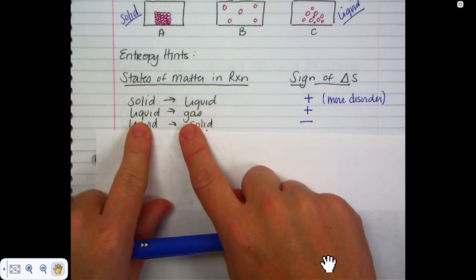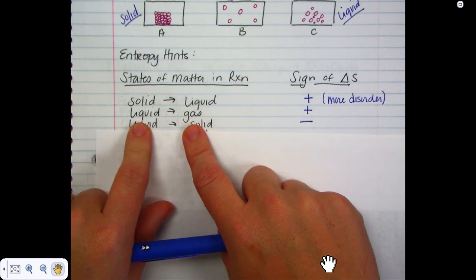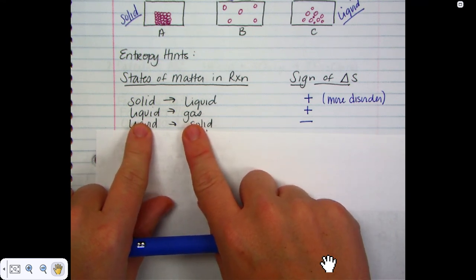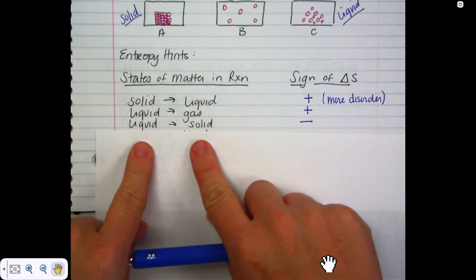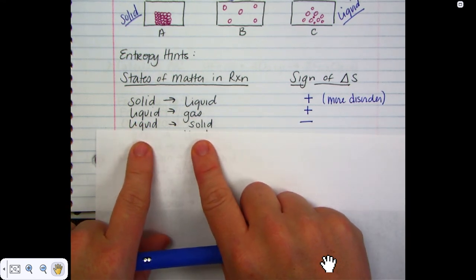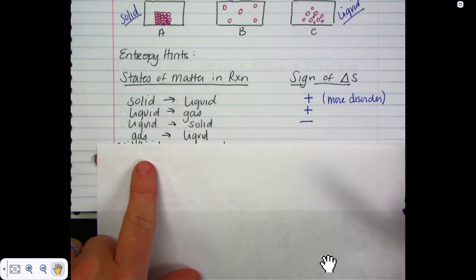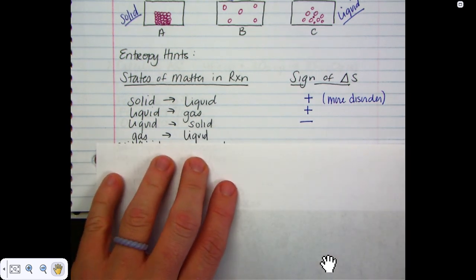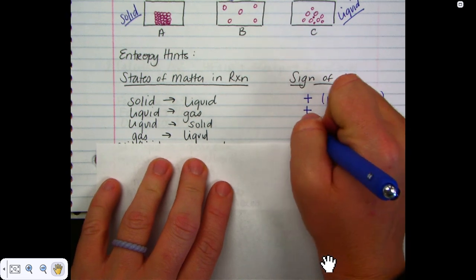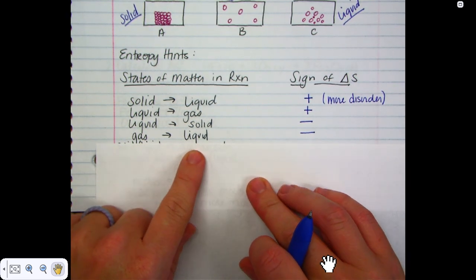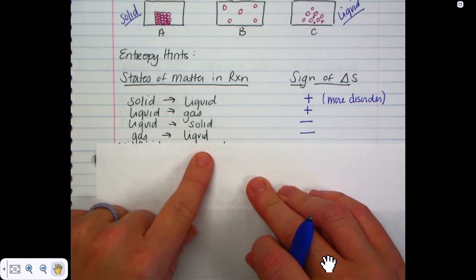If I'm going from liquid to gas, so boiling my water, as I boil it, I put energy in, the molecules speed up, they move around more, positive delta S. Going from a liquid to a solid is the opposite way. This would be my liquid water freezing into solid ice, more organized. If I go from a gas to a liquid, again, more organized. This would be like water vapor as it condenses, so we go from the gas state to the liquid state. Okay.